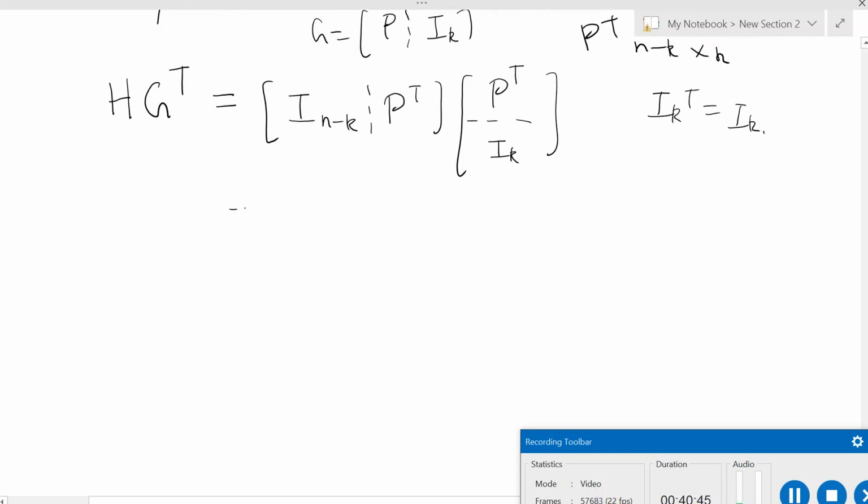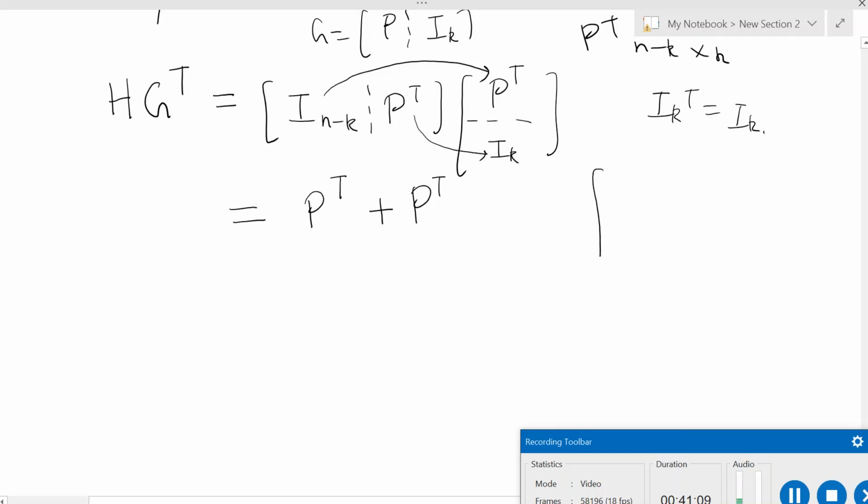Now multiplying properly, I of n minus k times P transpose will be P transpose, plus P transpose times Ik, which will be P transpose, because they are identity matrices, just like a 1 in the scalar case. Now what is P transpose plus P transpose?